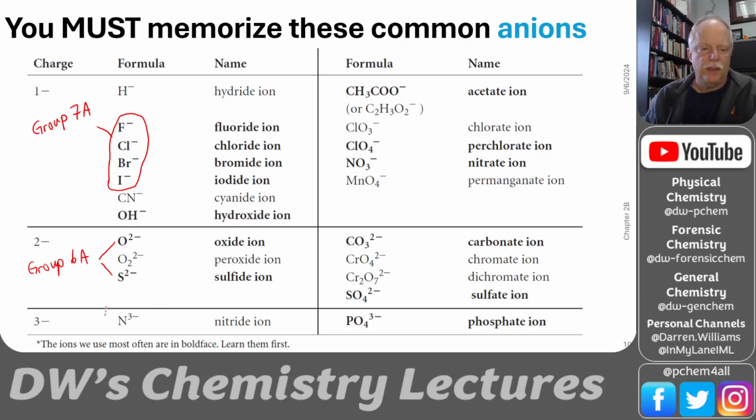So that's group 5A. So those are the only ones that you can figure out just by their position on the periodic table. The others just absolutely have to be memorized, like cyanide ion, CN-, and hydroxide ion, OH-, and acetate.